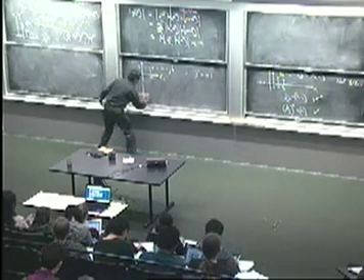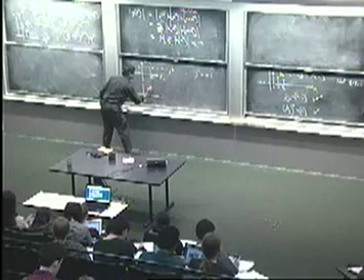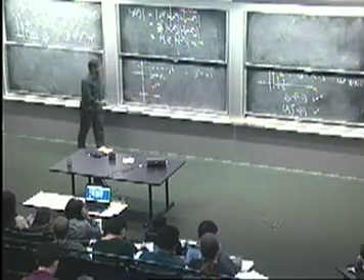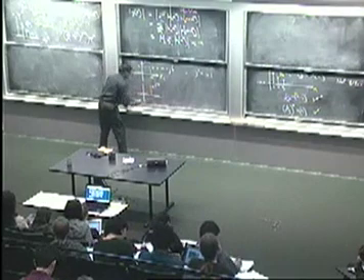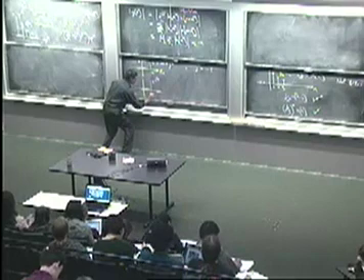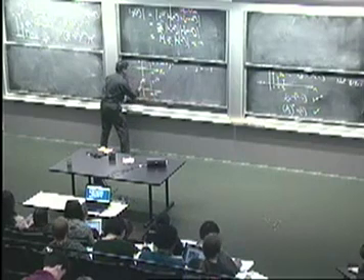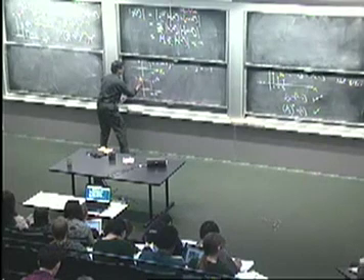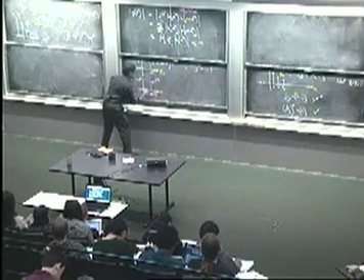It's really this picture. e to the j theta is some complex number. Its real part is cosine theta. And its imaginary part is sine theta. That's all that Euler's identity is saying, right?